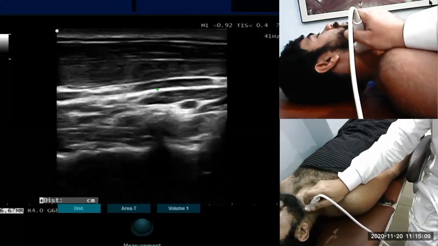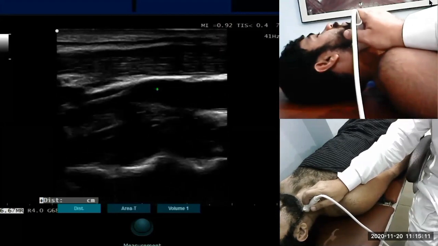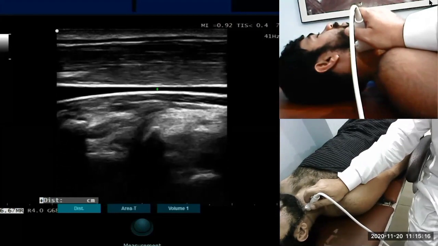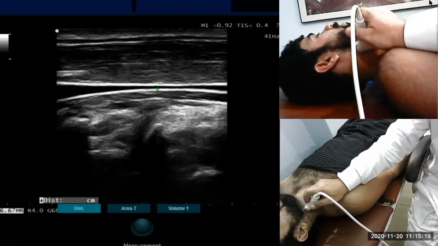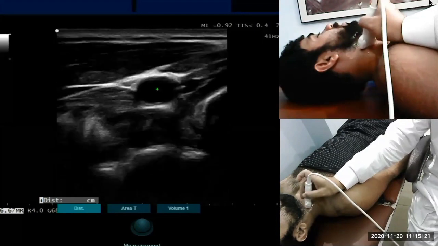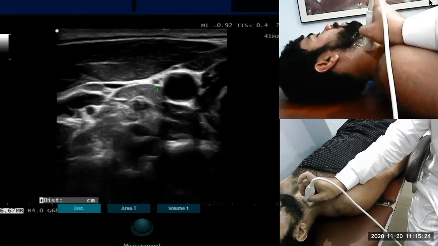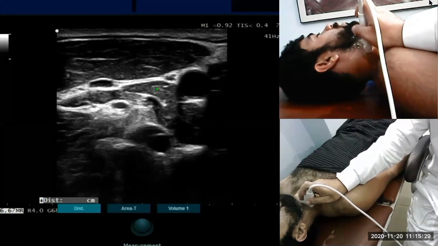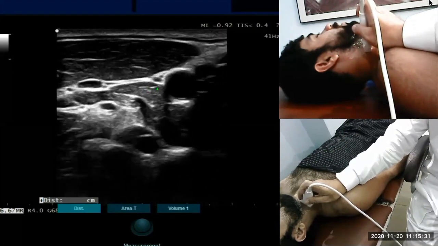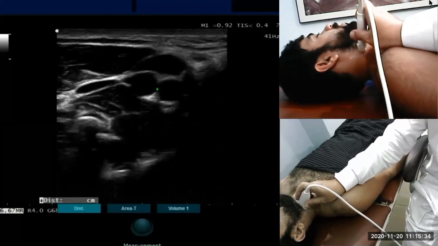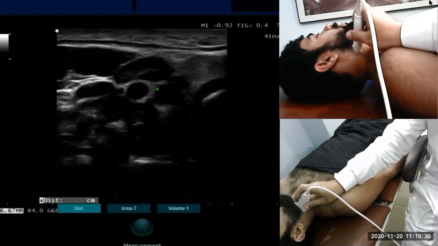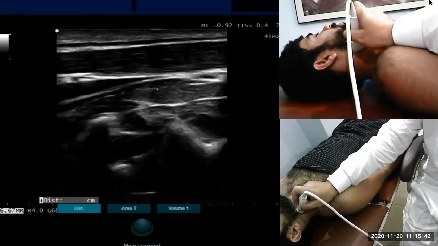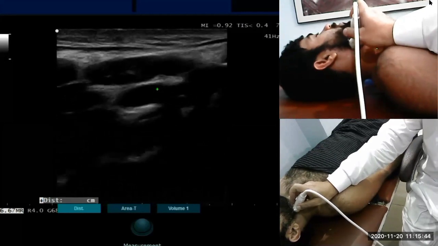But if we come across round or elliptical rugby ball, if we find these lymph nodes round, yani spherical, or elliptical, like a rugby ball, and the diameter, if we find, is more than 1.5 centimeter or so, then we are worried.